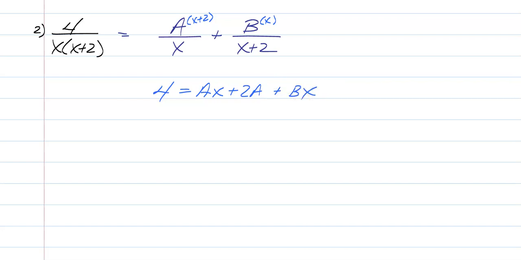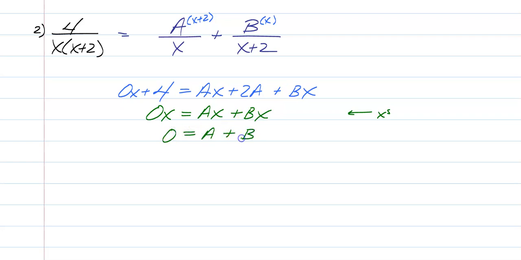Just like the last one, you should have both terms on the other side, so I'm going to add a 0x to the left this time. We already have the constant, we don't have our x's. So then we need to have our x's and then our constants. For the x's, we're going to have 0x is equal to ax plus bx, so we're just going to write it as 0 is equal to a plus b.